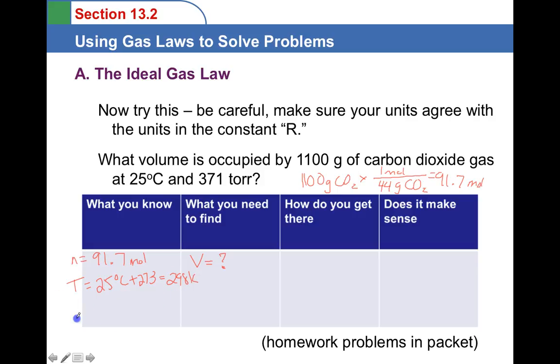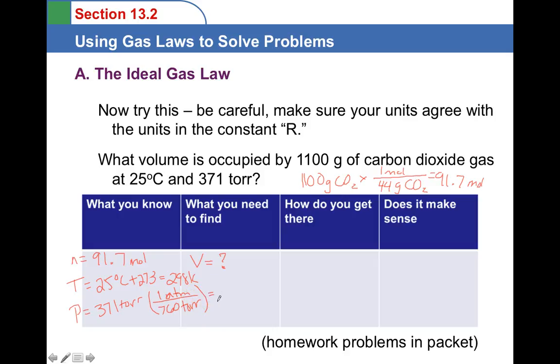And my pressure is 371, and it's torr, and I don't want torr, I want atmospheres. And I know it's 760 torr to 1 atmosphere. If you don't remember that, it's in the very beginning of this same packet, the conversion factors for pressure.